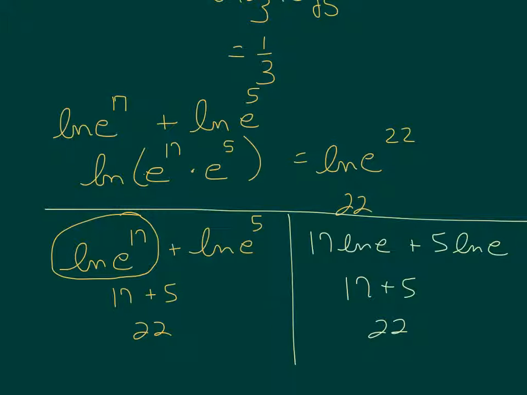So if this makes more sense, do it that way. If you recognize the inverse property, then you can just recognize that the natural log of e to the 17th is 17, and the natural log of e to the 5th is 5, and go from there. I'm glad you recognized that, Kathleen.